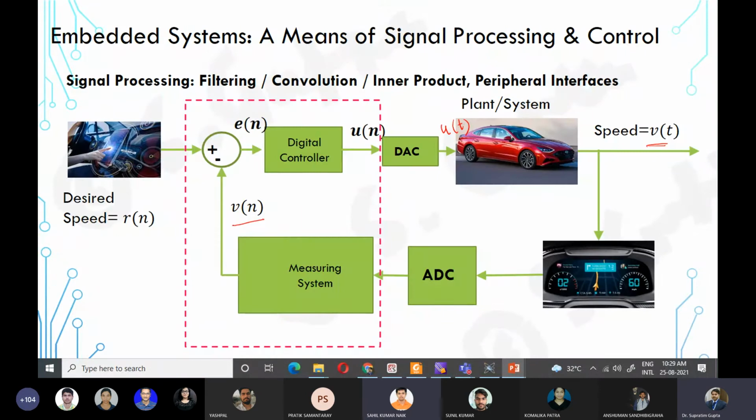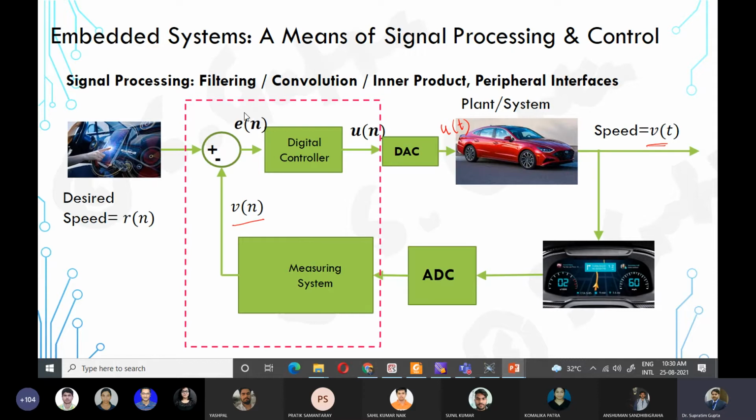Okay. Now, I hope that we have understood what is the scope of our embedded systems. That means how we can apply them and what are the different needs of the signals that are to be applied to our embedded system. And we have covered more or less all the required domains where we can apply these.